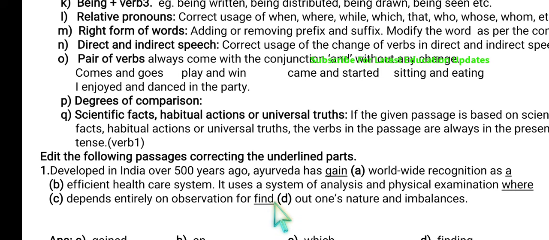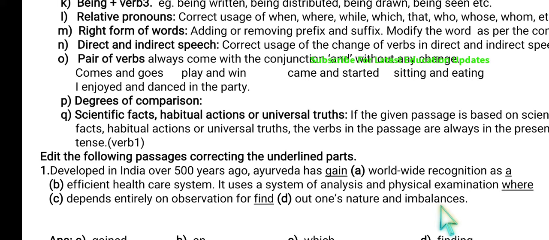See students, if you say for find or for finding, which one is correct? If you say for find, it doesn't have any natural flow. If you say for finding, that is somewhat natural. But you can say to find. Observation for finding out one's nature and imbalances, right?